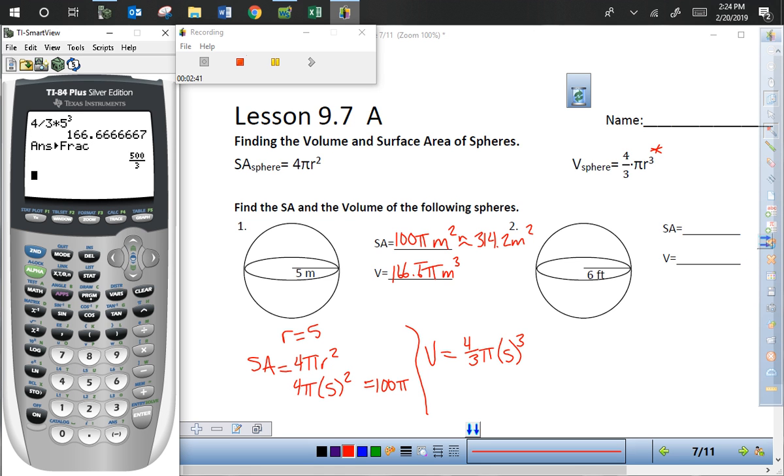A lot of times on your other calculators, you will see an F arrow D fraction to decimal button, and you can click that. So you can also have 500 over 3 pi meters cubed. They're both the same, so I don't care which version you use. Then we multiply that by pi to get our decimal version, and we've got 523.6.